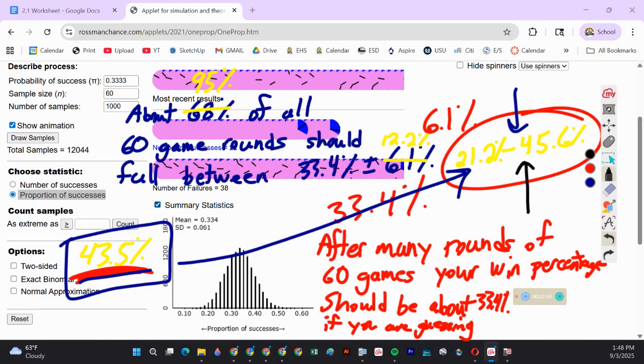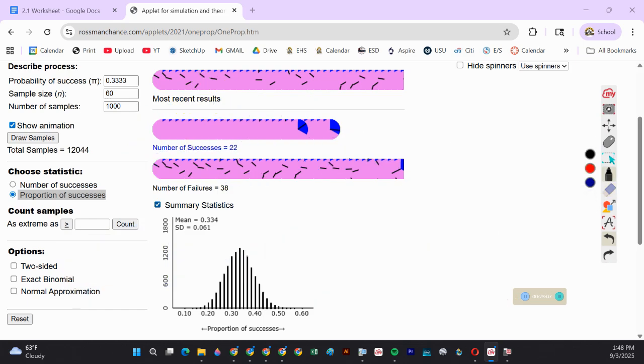But if you consistently score more than 33% every time you do a 60-round game, that would be evidence that you're better than average. But a single 60-round game has to land outside this window to be considered better than average. Okay? All right, turn the page.